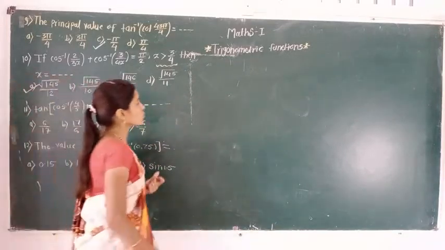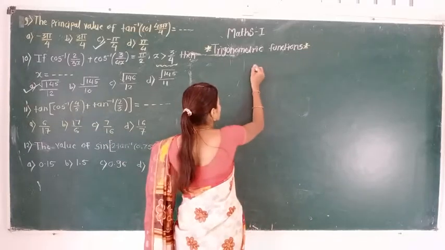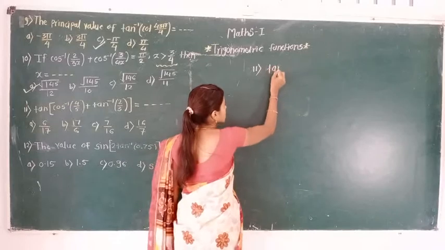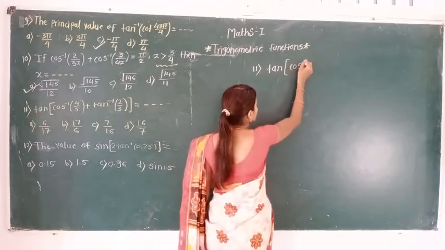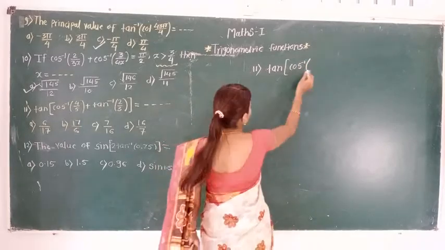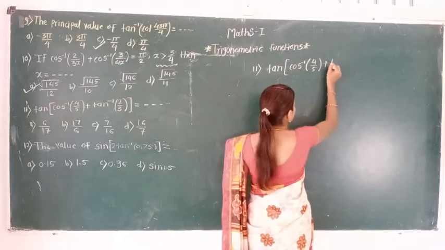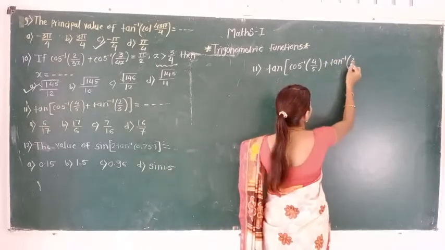Okay, so for finding the value of this term, example number 11. Tan in bracket cos inverse in bracket 4 by 5 plus tan inverse in bracket 2 by 3.